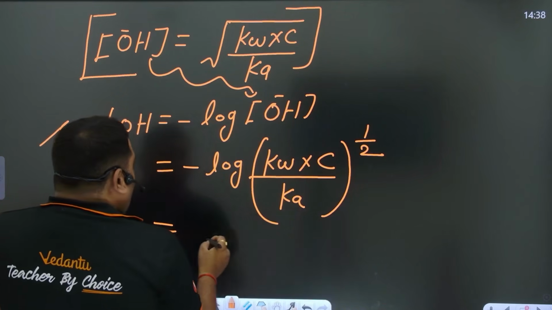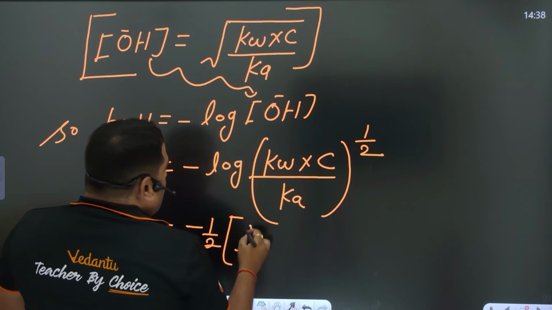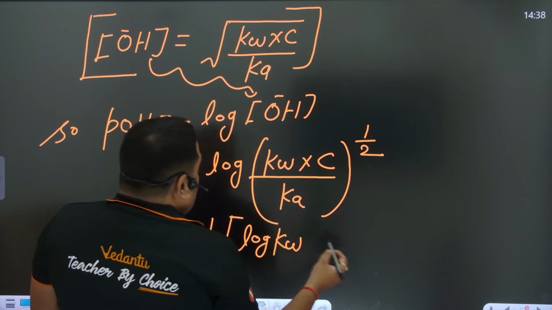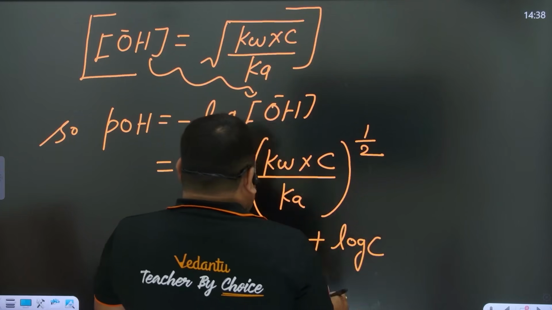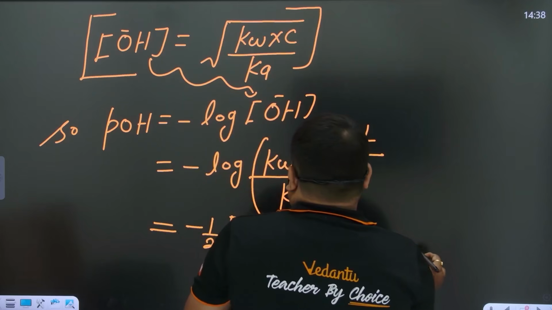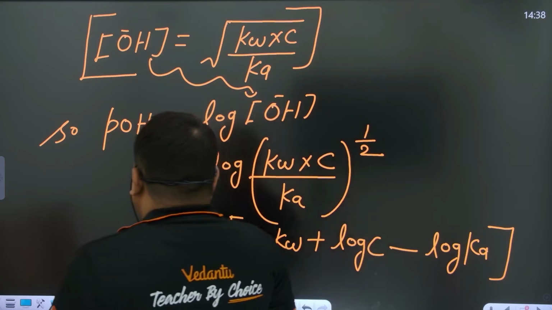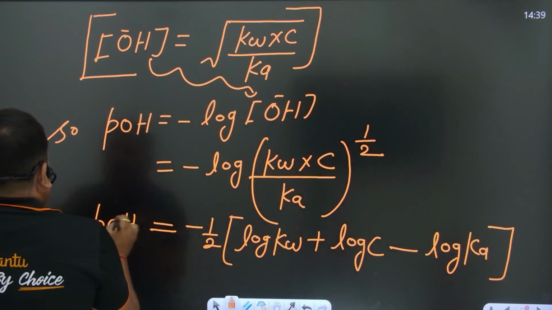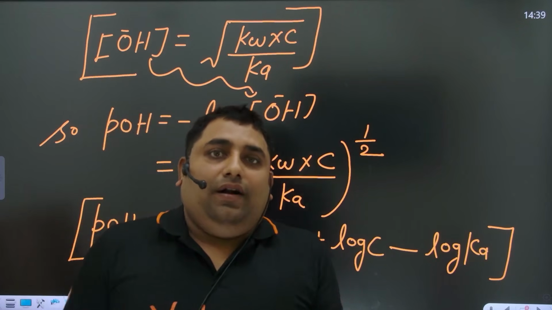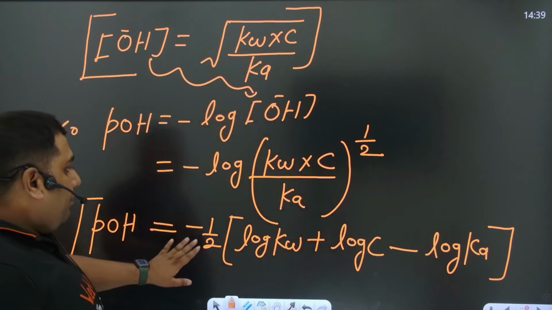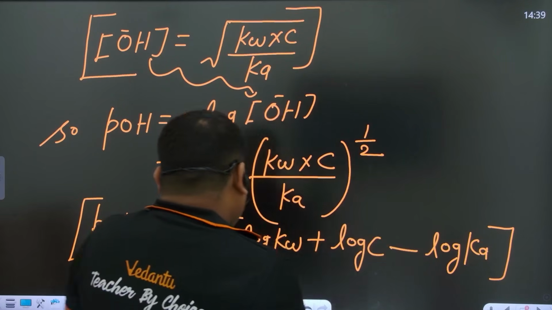Then you get 1 by 2 in bracket log Kw plus log C, and this is minus log Ka. Then you obtain this expression. Basically, I want to derive the relation which you have to learn. So here pOH is equal to 1 by 2 (log Kw plus log C minus log Ka), right?